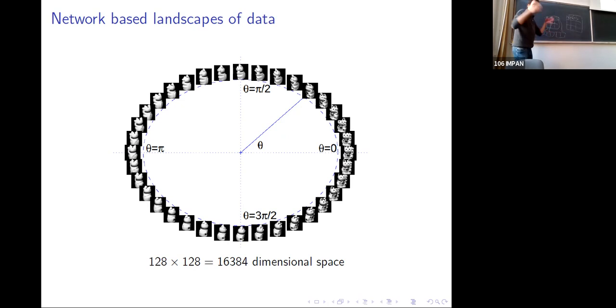So I create a vector, a point in 9-dimensional space that represents every picture. So in this case, if my pictures are 128 by 128 pixels, we are speaking about a point representing a picture living in 16,384-dimensional space. Question for you is, what is the shape of this collection of points in the 16,000-something-dimensional space?